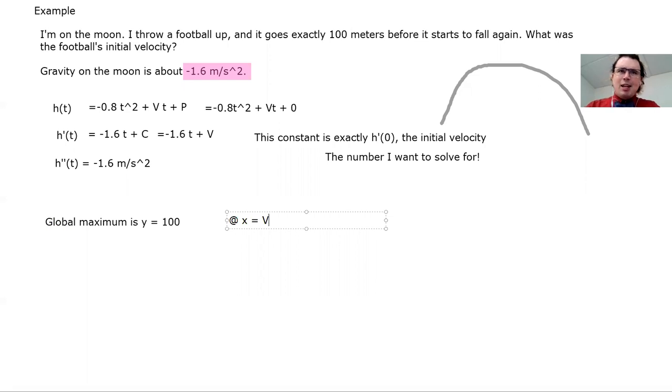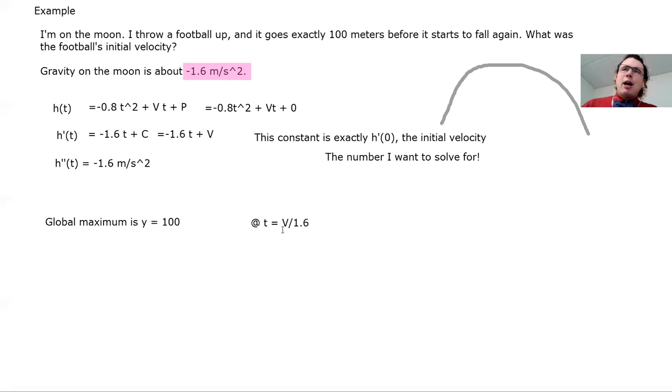That'll be my velocity number, a number that I don't know, divided by 1.6. So if x, excuse me, t is equal to that. I'm not following my notes here. t is equal to velocity divided by 1.6.